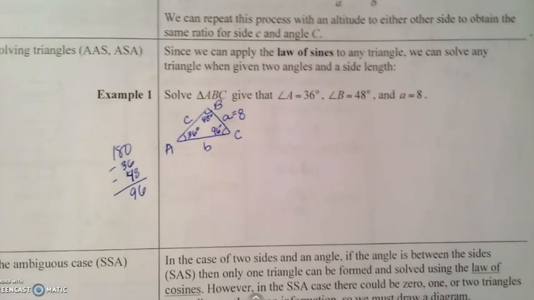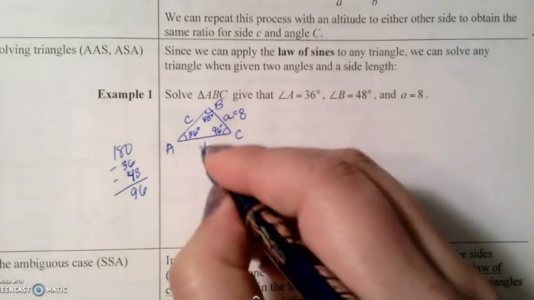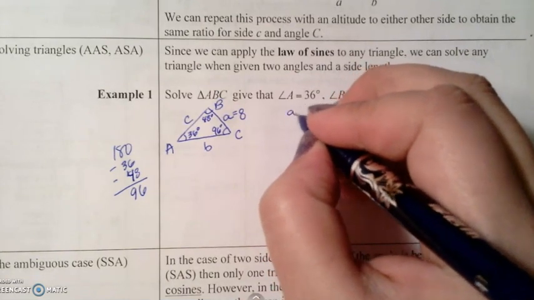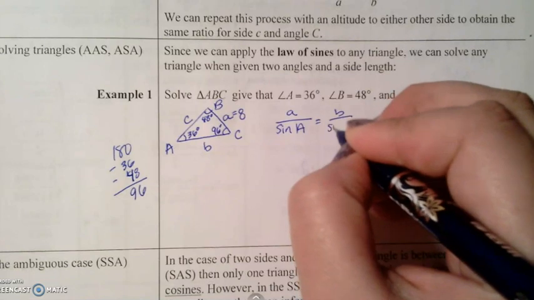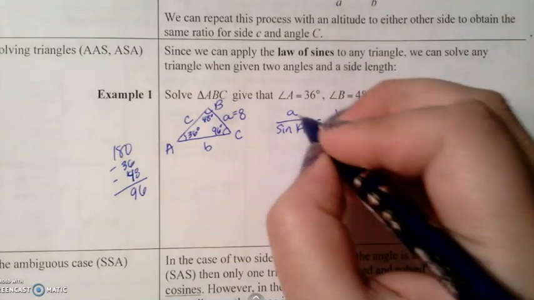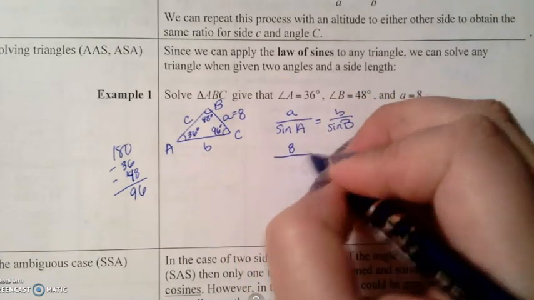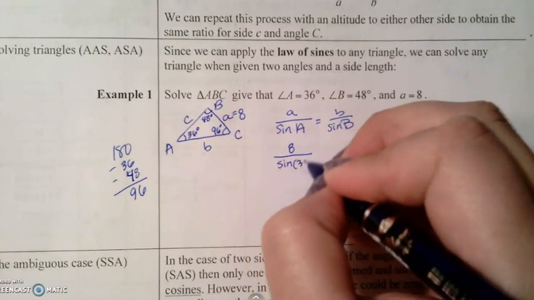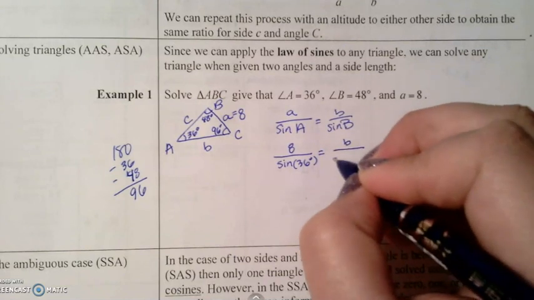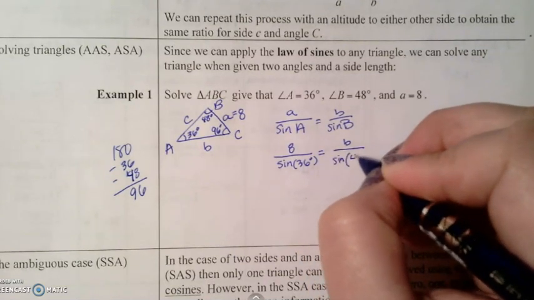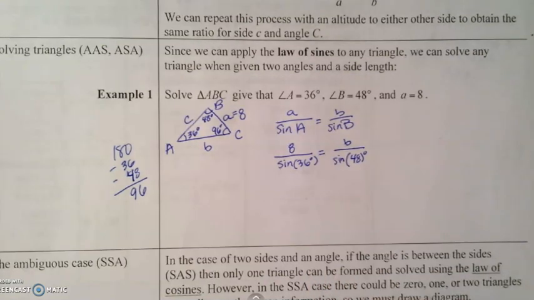In example 1, we want to solve for b. So if I set a over sine of A equals b over sine of B, I know a is 8 divided by sine of 36 degrees, make sure you're in degree mode, equals b divided by sine of 48 degrees.